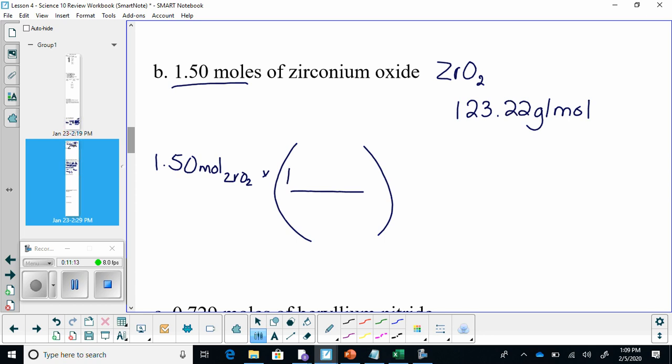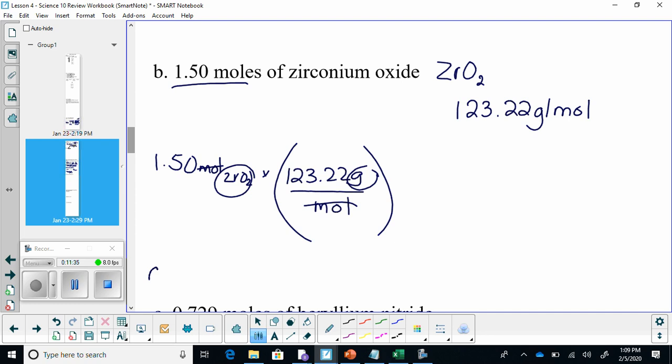Numerator. Okay, so I go 123.22 grams per mole. What's canceling out? Moles. What am I left with? Grams of zirconium oxide. Good.